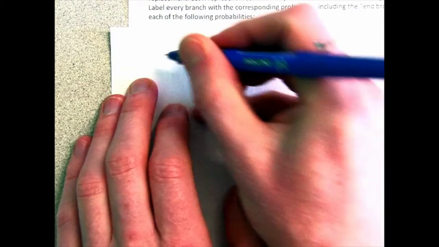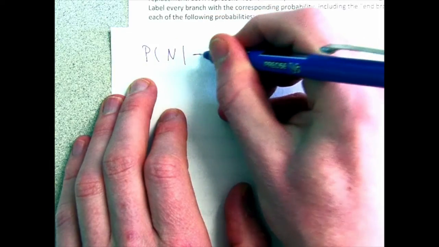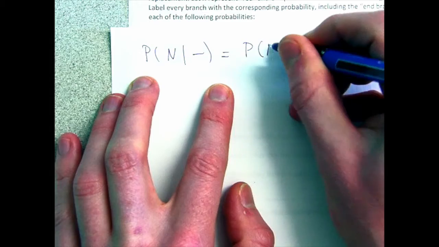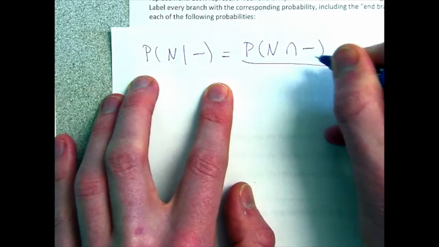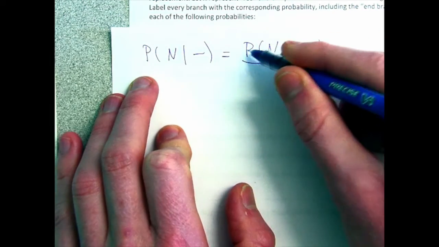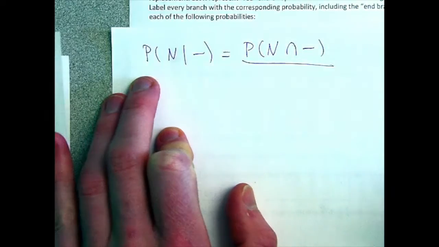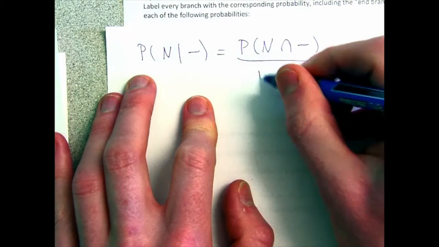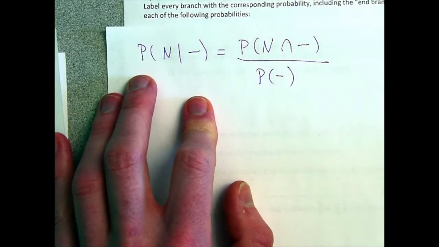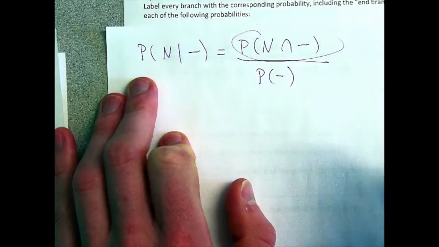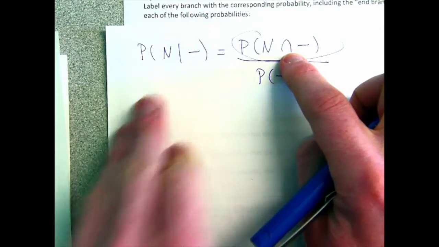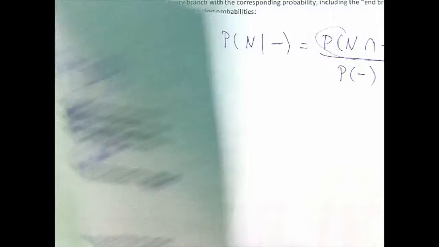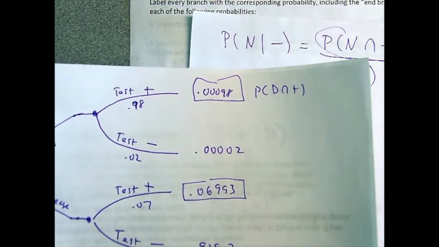So let's use the formula to compute the probability of N given minus. The formula says it's the probability of the intersection, N intersect minus, so that's both no disease and test coming back negative, divided by the probability of the given thing, the probability of negative. The numerator is an AND probability, an intersect probability. That's one of the end branch probabilities.